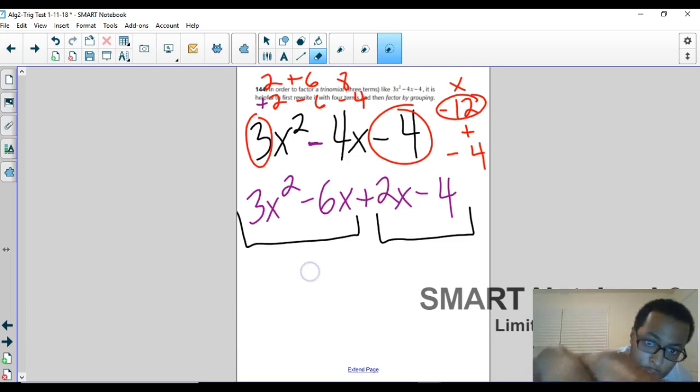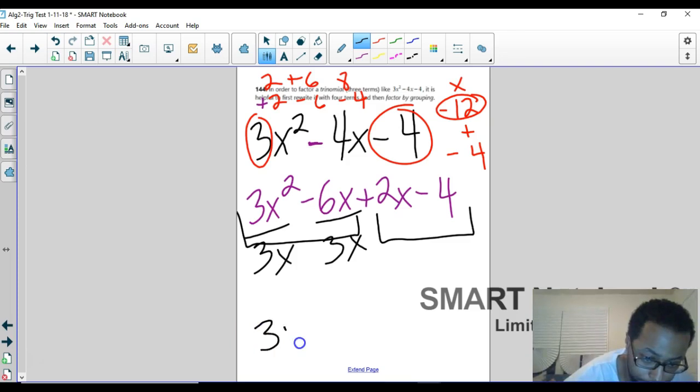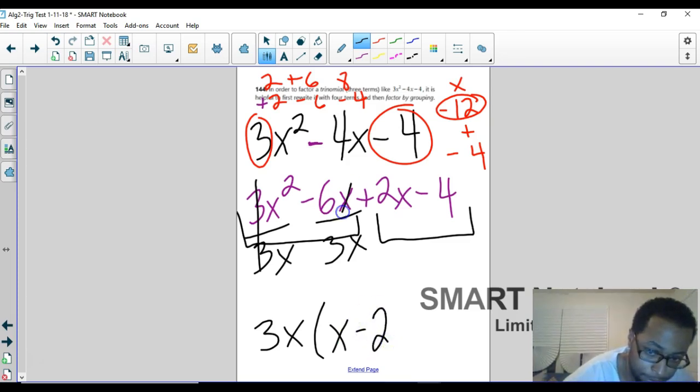Okay? So again, my greatest common factor is 3x. I'm going to divide by 3x on both sides. Okay? So I got my 3x here. 3's cancel out. X squared divided by x is x. 6 divided by 3 is negative 2. And the x's cancel out. Boom. So I got that.